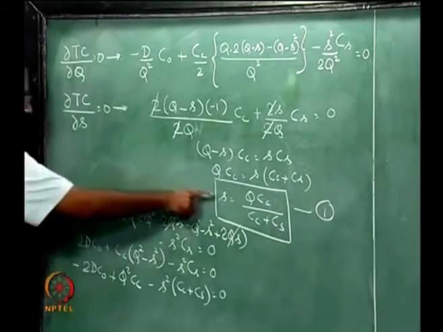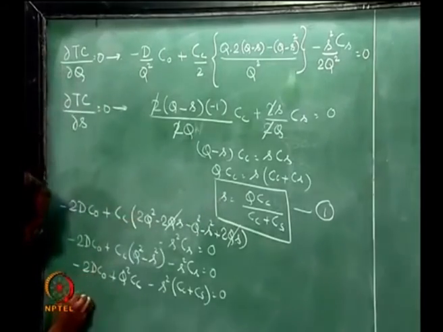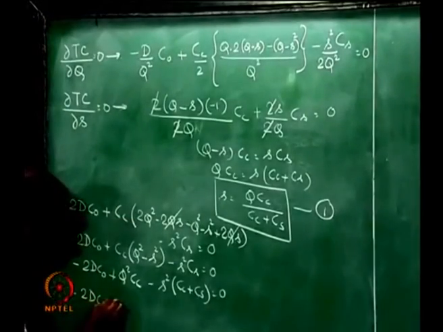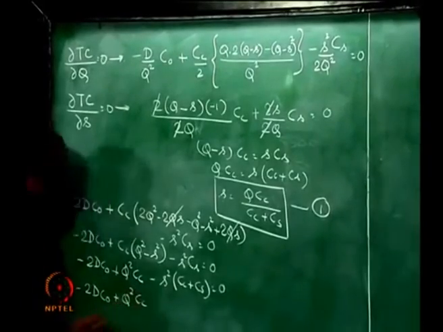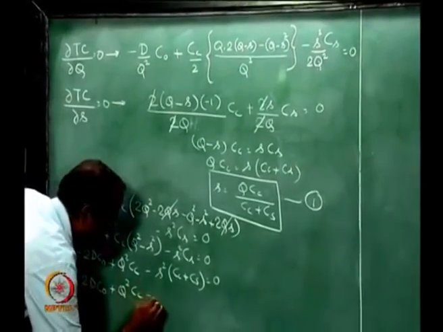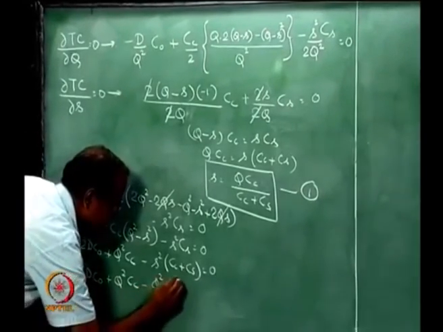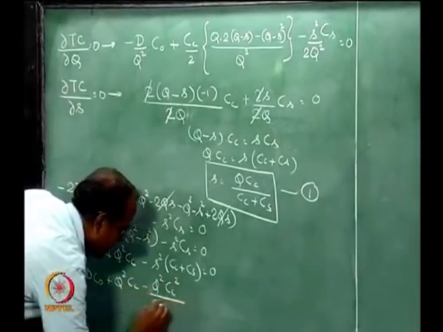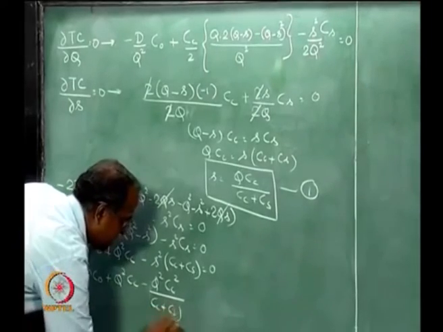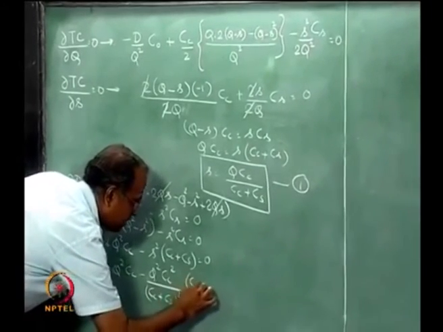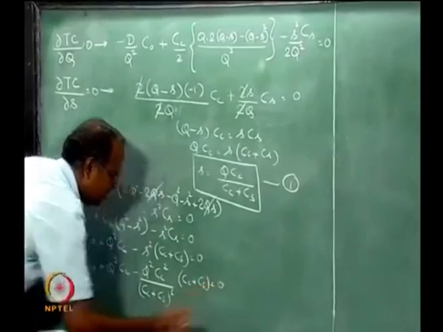Now, we substitute for s square from here: minus 2d C naught plus q square Cc minus s square, which is q square Cc square divided by Cc plus Cs the whole square, into Cc plus Cs equal to 0.